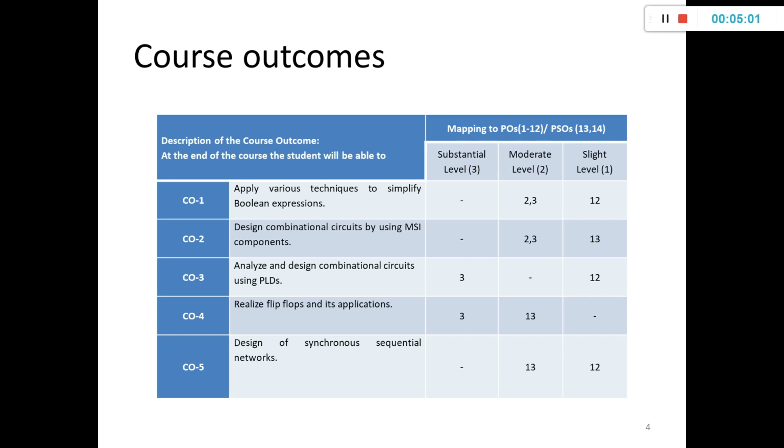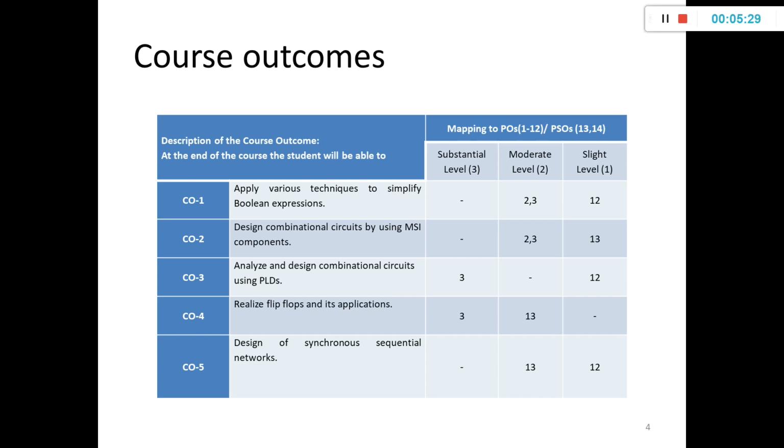Next, coming to course outcome 4, we'll be trying to realize flip flops and their applications. We all know that flip flops can be used as counters, which in turn can be used for the clock. Designing of flip flops, master slave flip flops, all those things we'll be studying in the coming flip flop chapter.